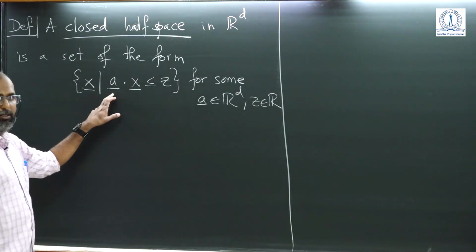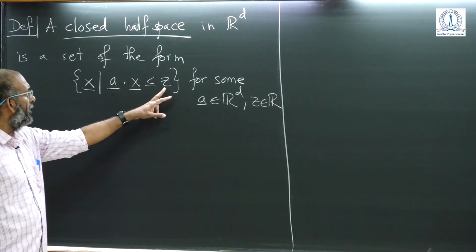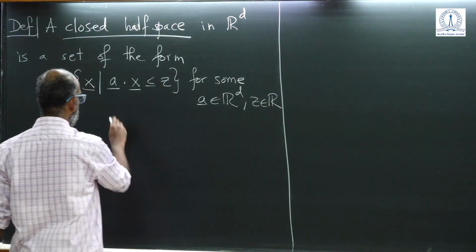So a is the normal to the hyperplane, and so let's do an example.